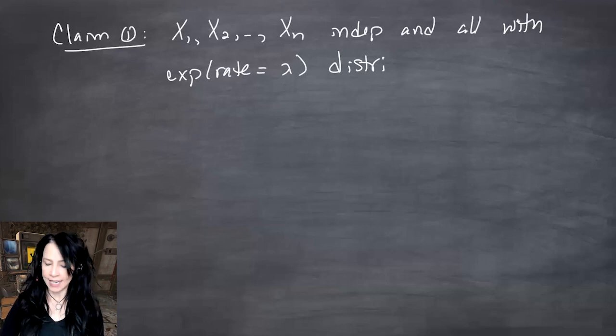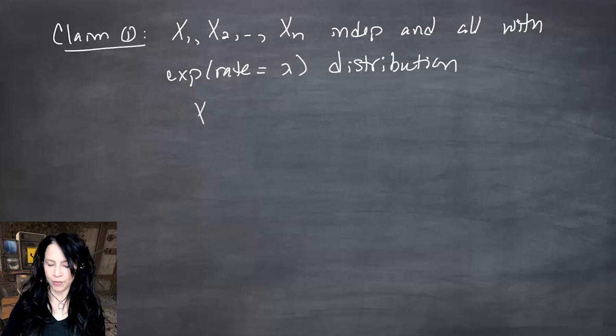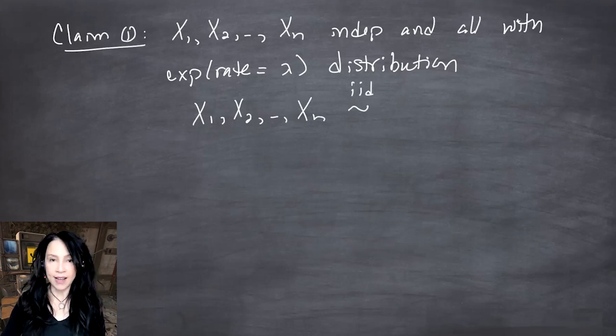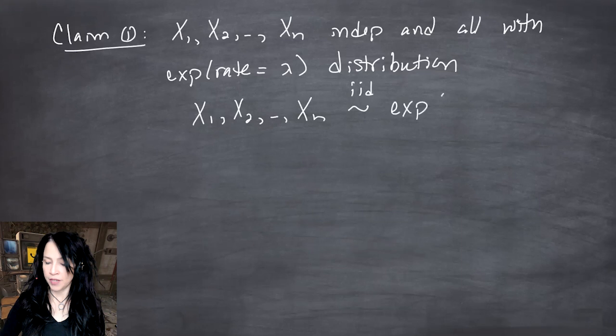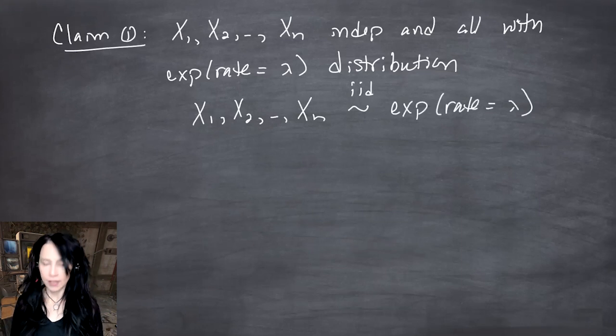They're independent and identically distributed. And so we can write that as X1, X2, out through Xn, squiggly line, has the distribution. Put the little initials IID on the top, and then the name of the distribution. So that's not a claim, that's just the setup.